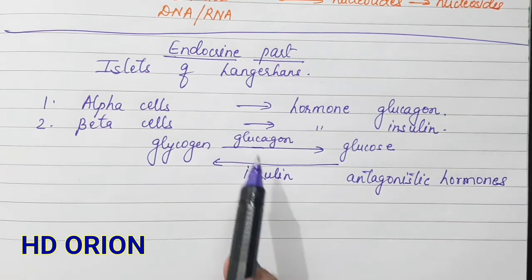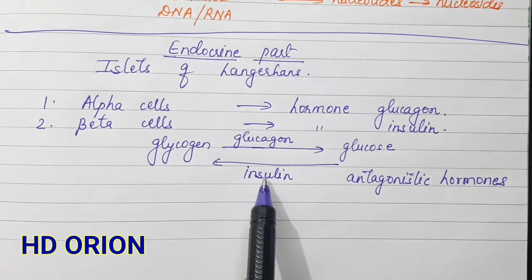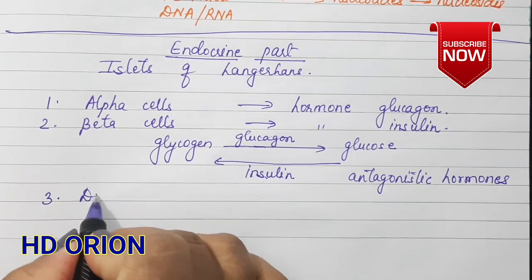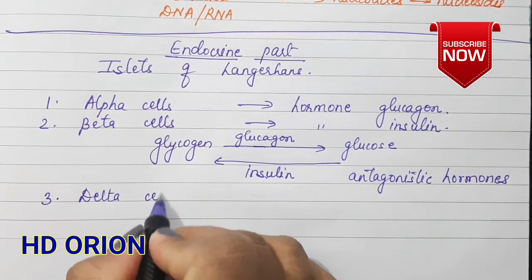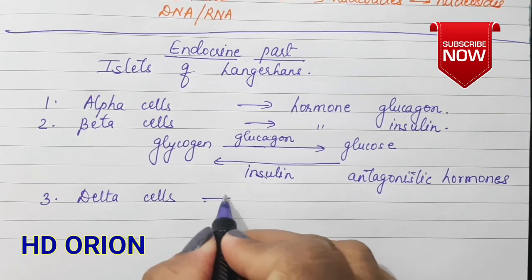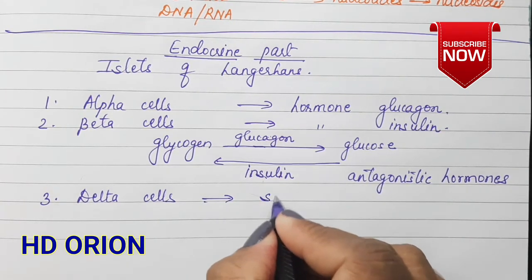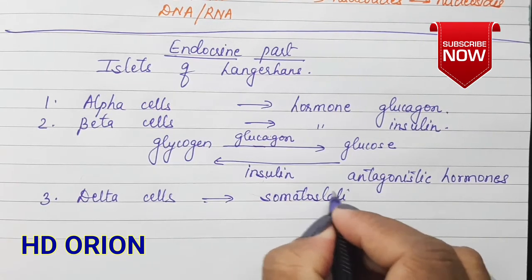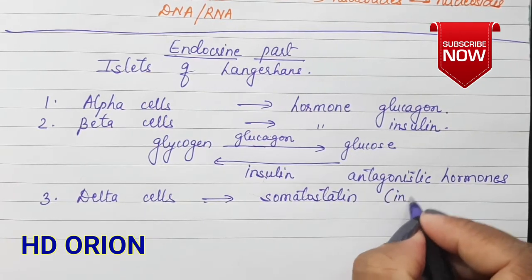They help in regulating the amount of glucose in the blood. The third type of cells are the delta cells. The delta cells produce a hormone known as somatostatin. This is known to be inhibitory in action.